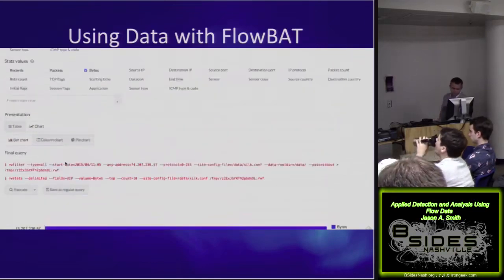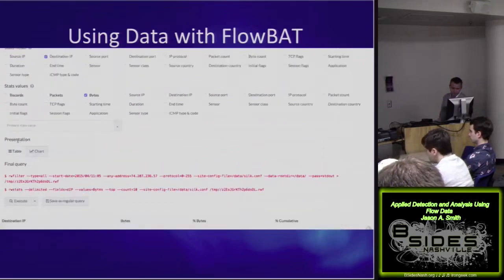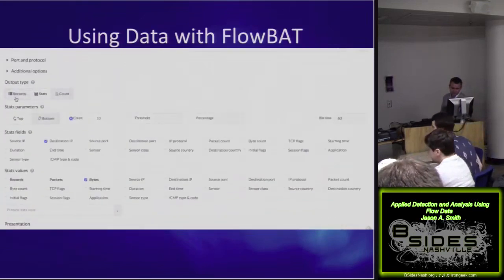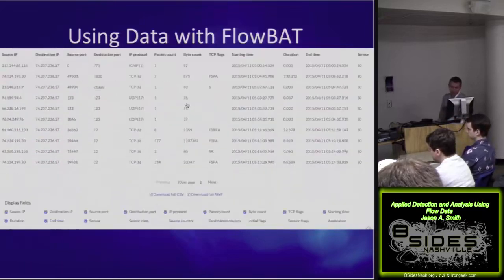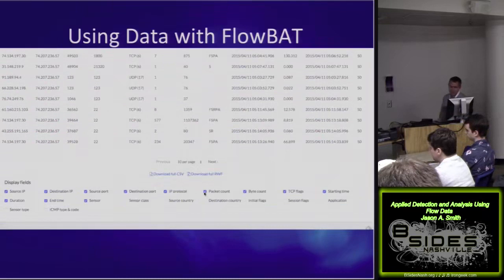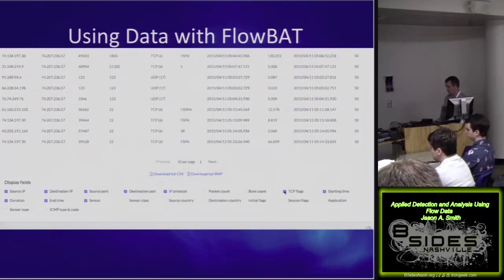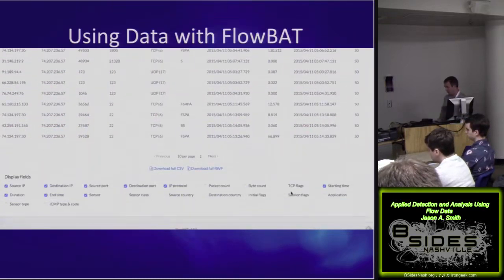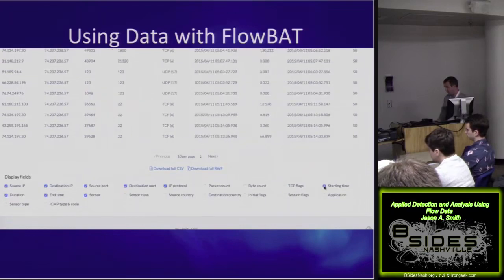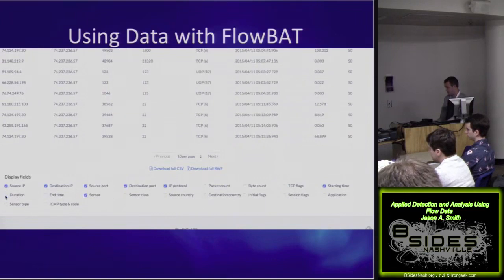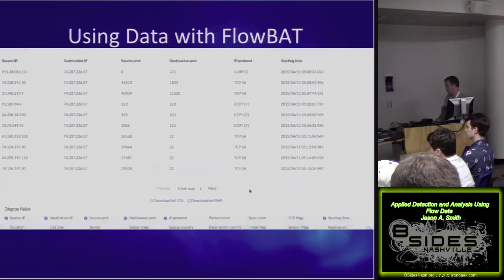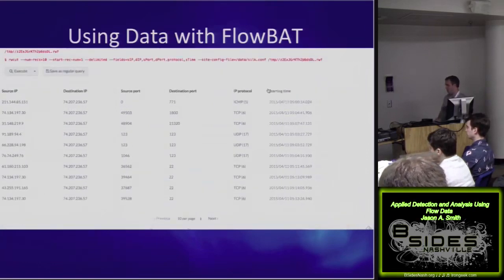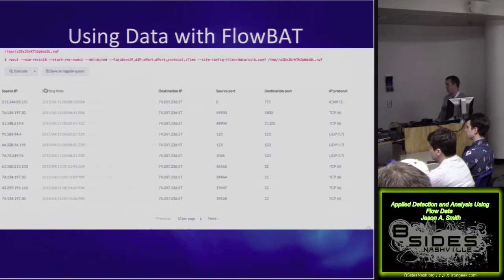You can also generate a table. Again, switching back to records, just the records. For the pivoting from this, let's sort it down first to just the 5-tuple. So now we have just source IP, destination IP, source port, destination port, protocol, as well as the starting time, but I like starting time at the beginning.